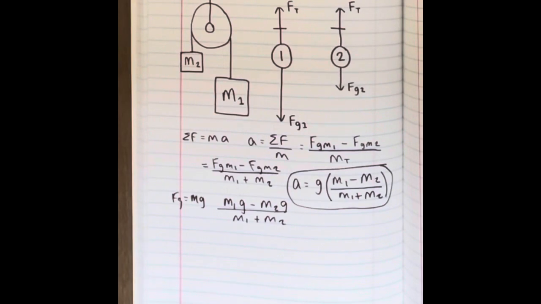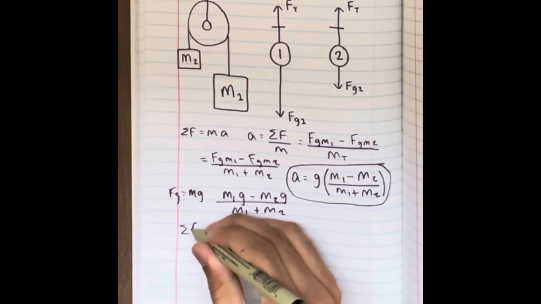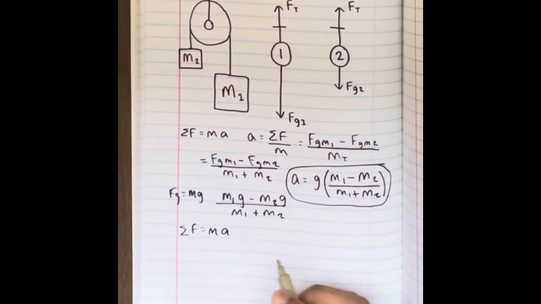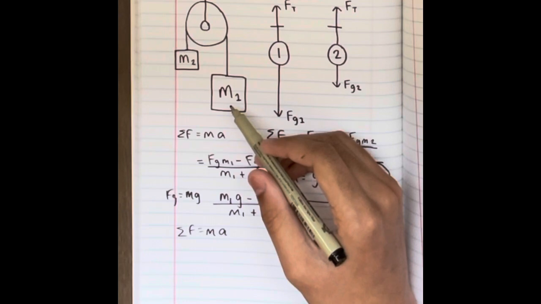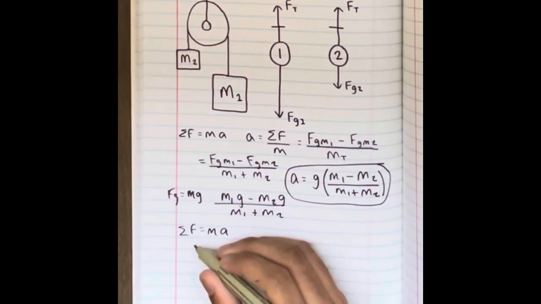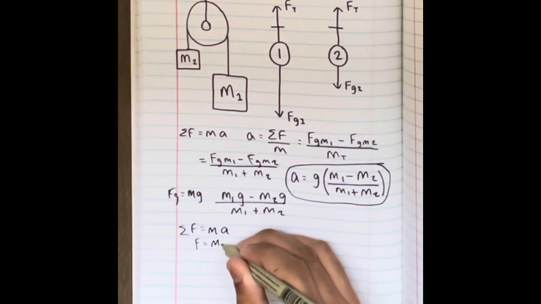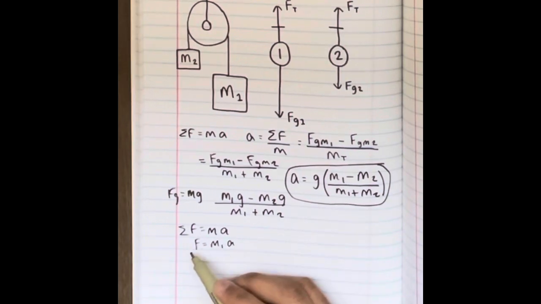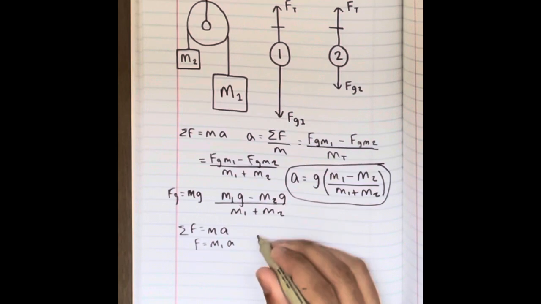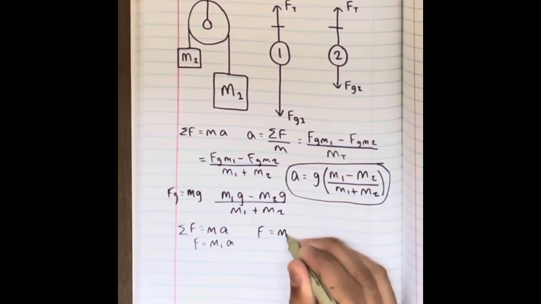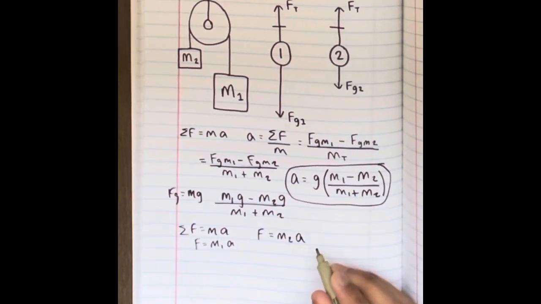So now, since we have the acceleration, we can just use F net equals ma for each object, because once we know the acceleration and the mass of, for example, m1, then we can do F equals m1a, which will give us the net force acting on it. Similarly, for mass 2, all we have to do is F equals m2 times a.